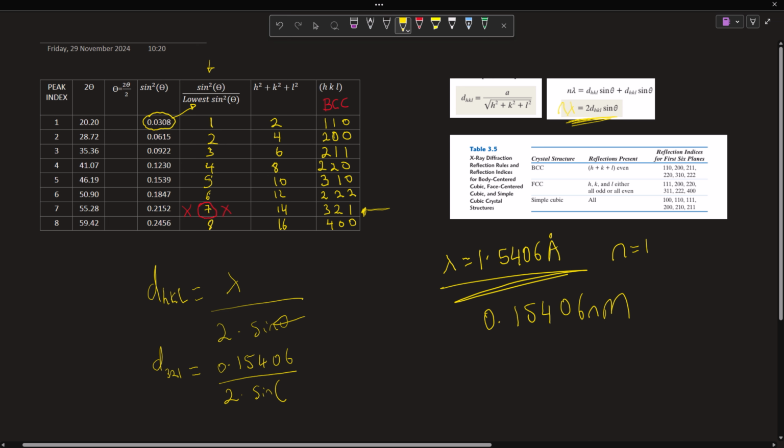The theta under this place is 55.28, so we go ahead and divide it by 2. 55.28 divided by 2 is going to be 27.64.